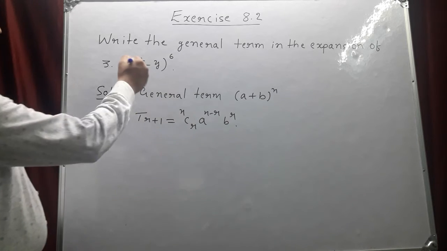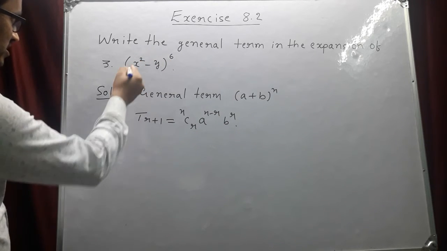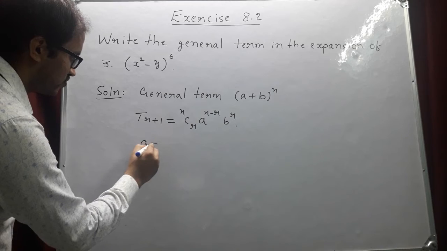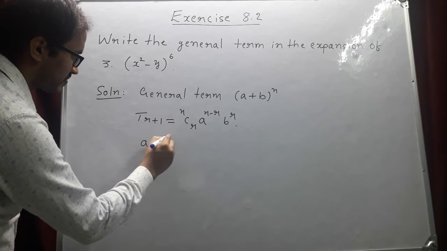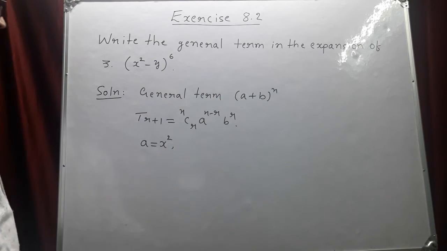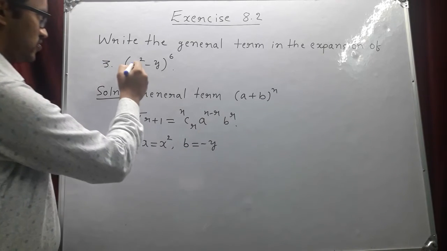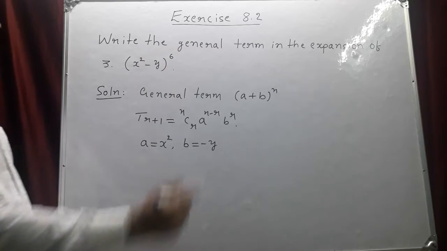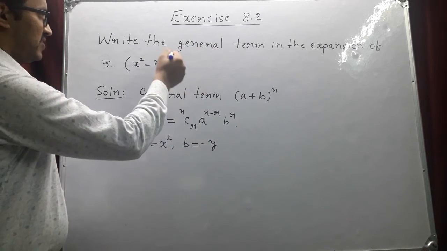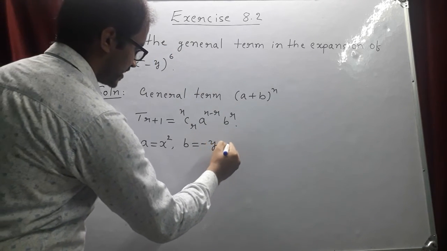If you see here, a is equal to x², b is equal to −y, so x² plus (−y), and the power n value is 6.